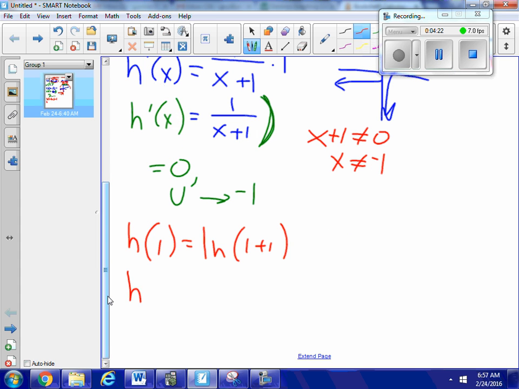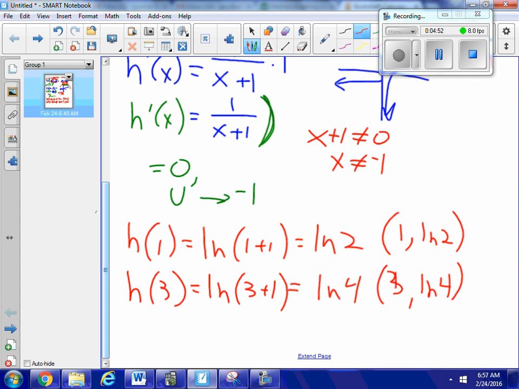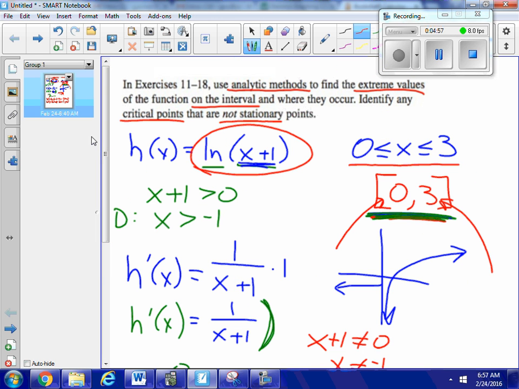And I want to know h of 3, which would be the natural logarithm of 3 plus 1. So this is ln 2, and this is ln 4. So I have the points on my function, 1 ln 2 and 3 ln 4. And those points are inclusive because my domain here was inclusive of those points, brackets.